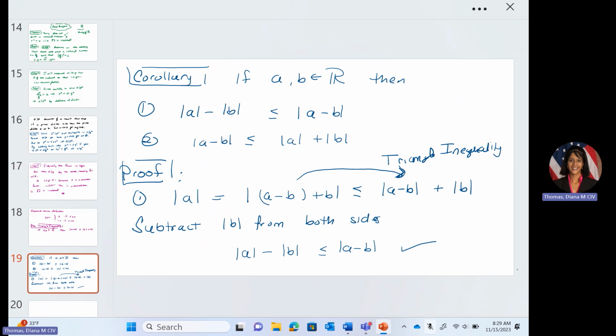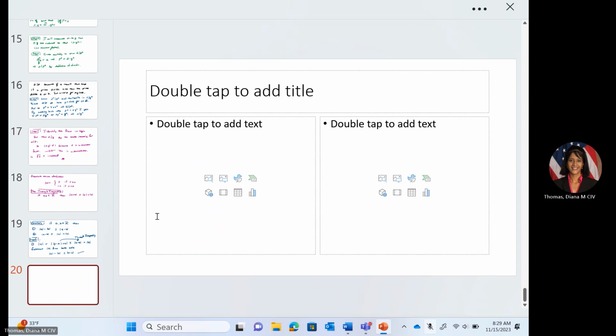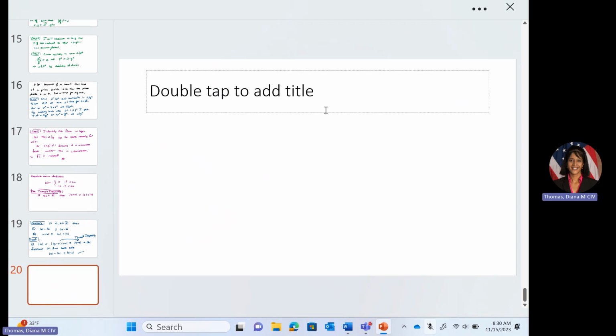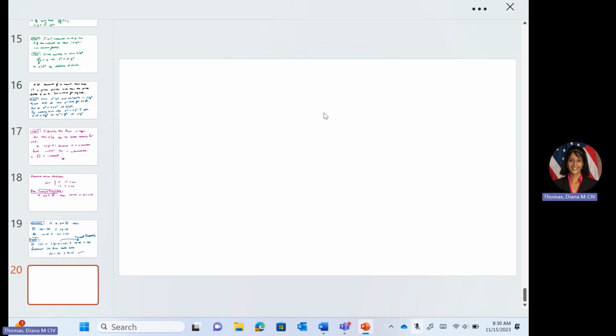All right, one more. Stay with me. This is a hard class. You also use the properties of absolute value, that the absolute value of negative x is equal to the absolute value of x. I like working with absolute values because I make a lot of sign errors, and in absolute value you can't make a sign error.